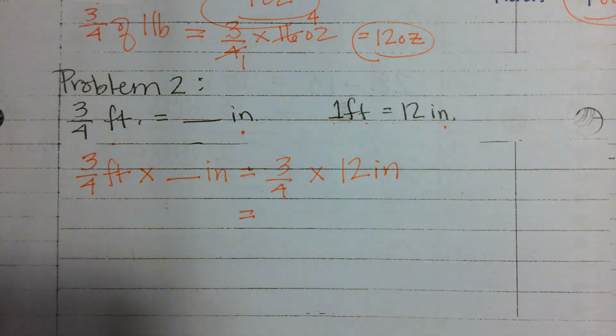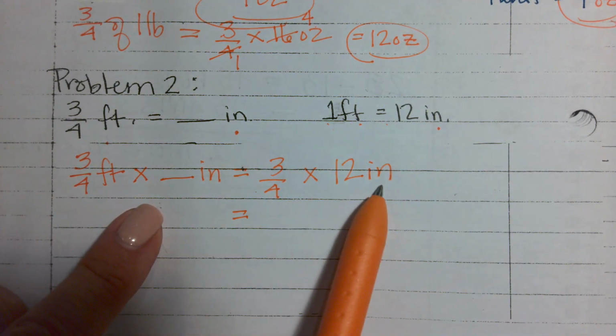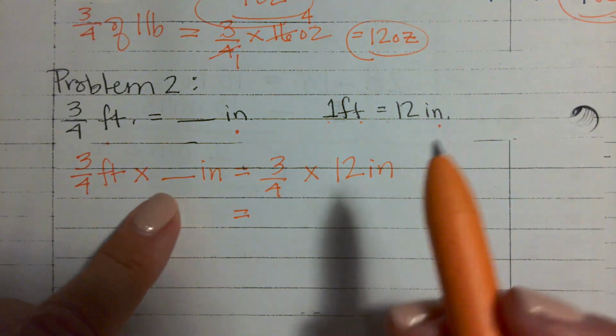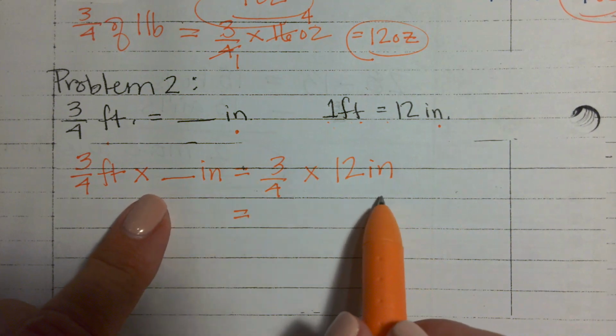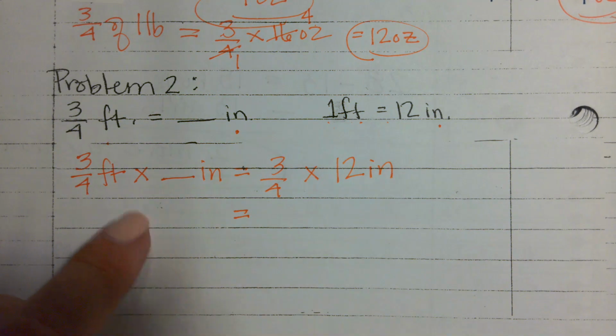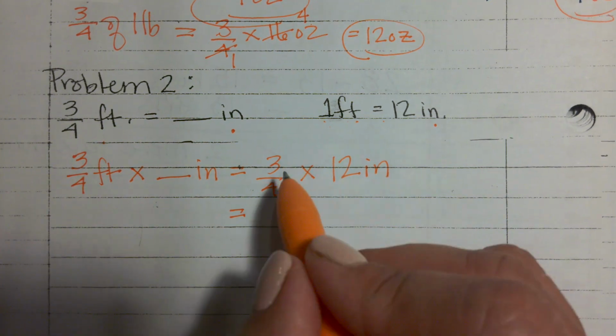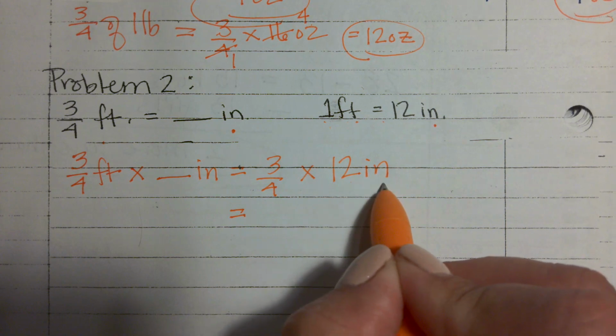So we're moving across. We're taking what we know and we're changing it. We're making it 3/4 of a foot. So 3/4 times 12 inches.